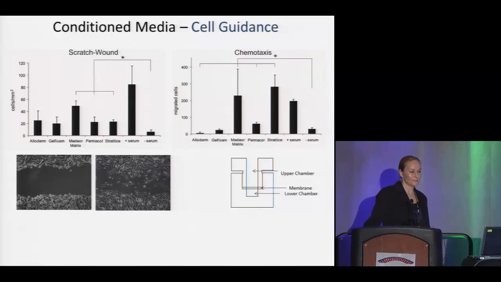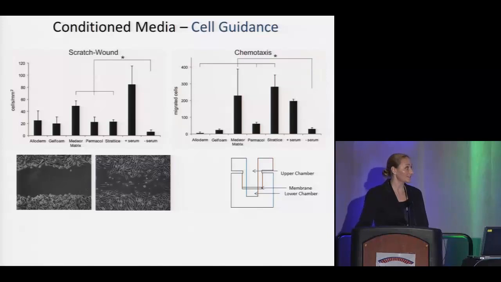Now moving on to more conditioned media and cell guidance. This is kind of getting into slightly different cues. And so often you hear so many bioactive factors that are residual in this material that cause cells to infiltrate into the material. So we want to know, are these actually in fact separate than that of the architecture?